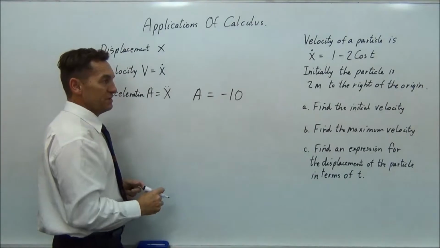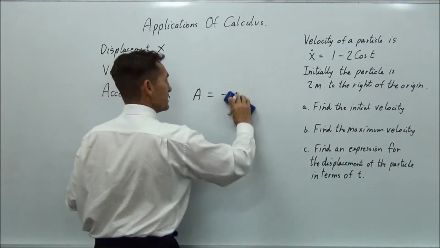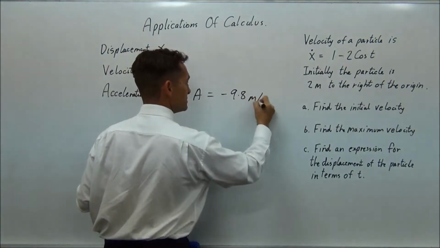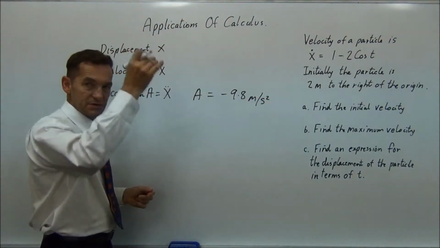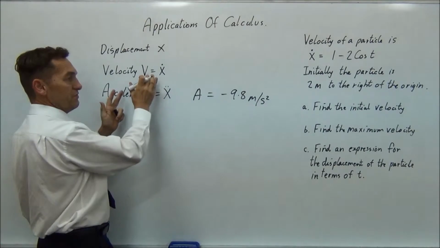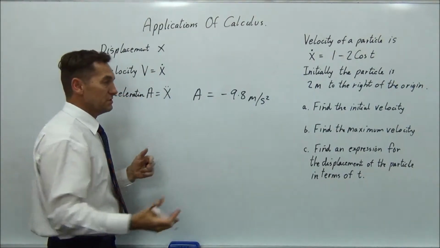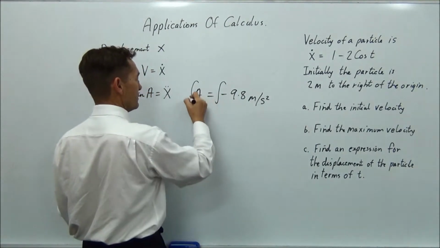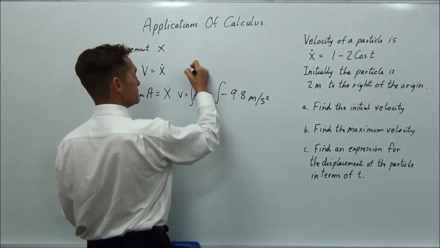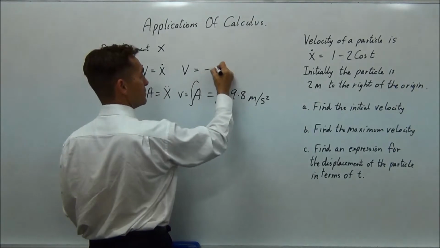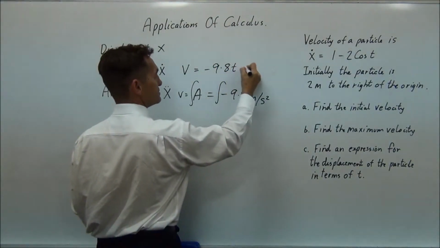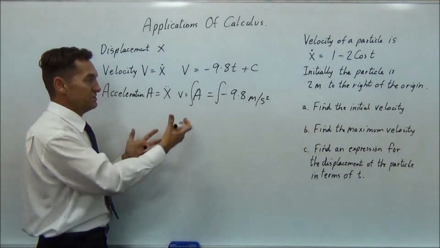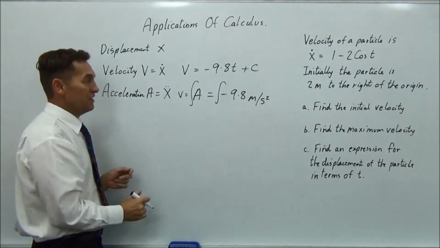Let's assume it's gravity, and we'll make it accurate: minus 9.8 metres per second squared. It's going downwards. If you want to find the velocity at some time, then you integrate this. So the velocity would equal minus 9.8t plus c, and then you'd find the constant from some information in the question, which we've got one here, which we'll have a look at.